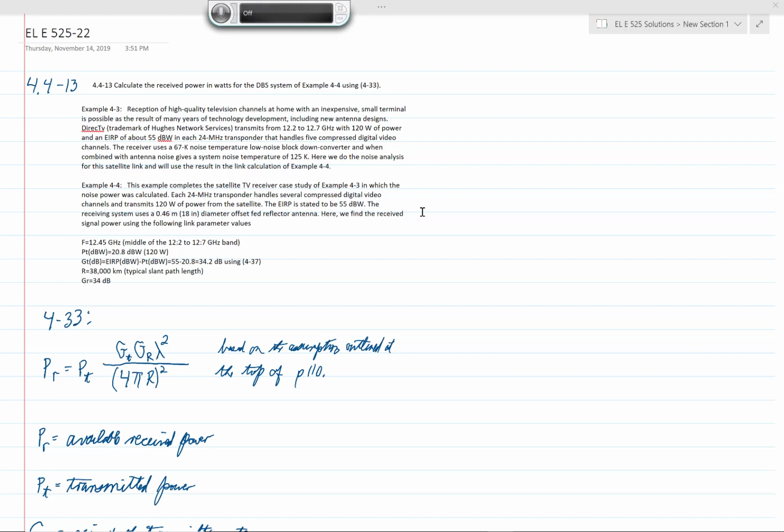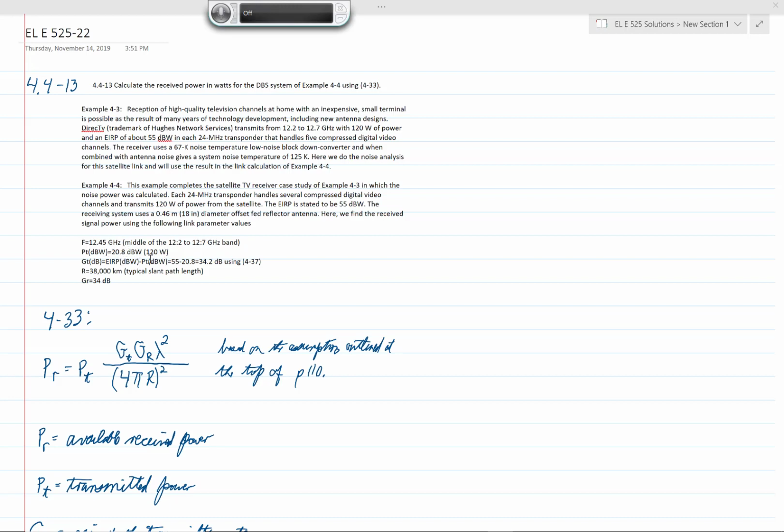So the frequency is 12.45 gigahertz, which is right in the middle of that 12.2 to 12.7 gigahertz band mentioned in example 4-3. The transmitted power in dBW: what dBW means is that if the transmitted power is expressed in watts, you take 10 times the log of that, and this is the number you'll get, 20.8.